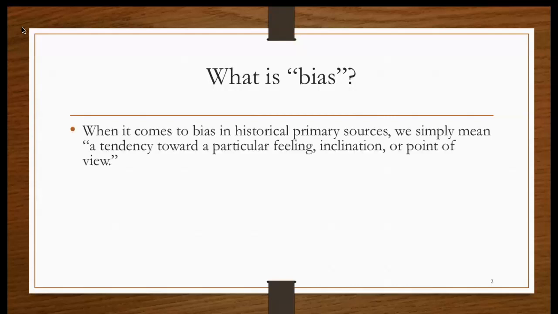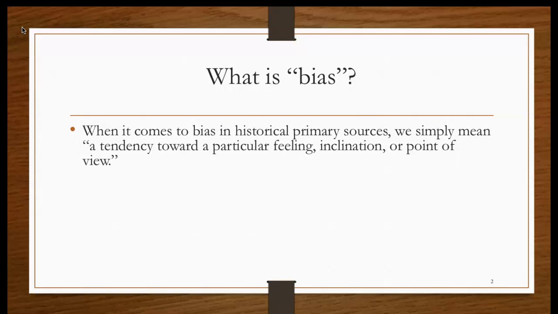So when it comes to bias in historical primary sources, we simply mean a tendency toward a particular feeling, inclination, or point of view. Now, often when people think about bias, they tend to think of this in very negative terms, as in, that news article was so biased, it's really unreliable.